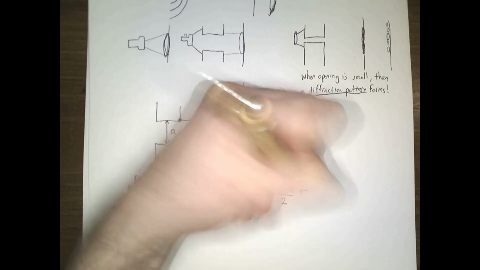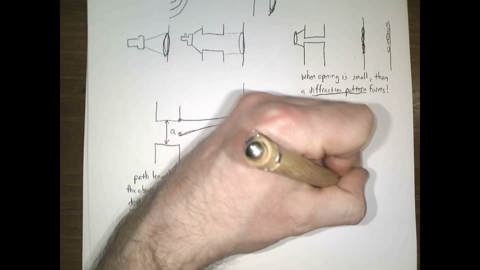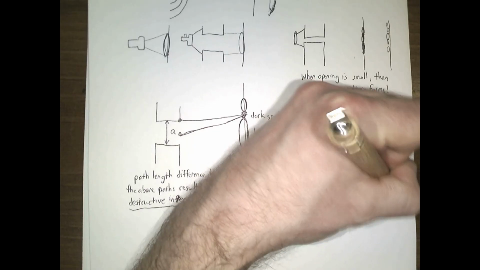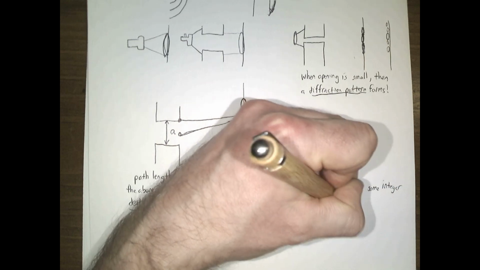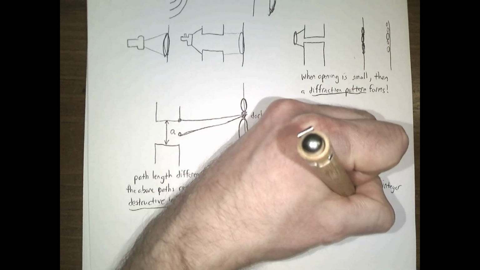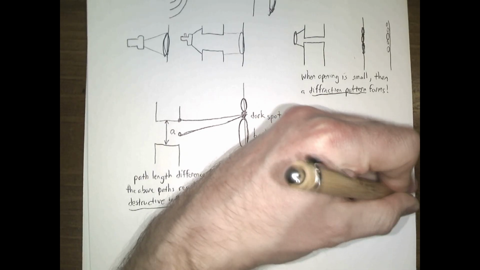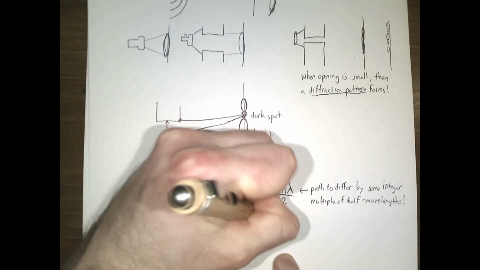So we want the path to differ by some integer multiple of half wavelengths. So they could be exactly 1 half wavelength out of sync. They could be 3 half wavelengths out of sync. They could be 5 half wavelengths out of sync. There's always 1 extra half wavelength there. M does have to be odd.